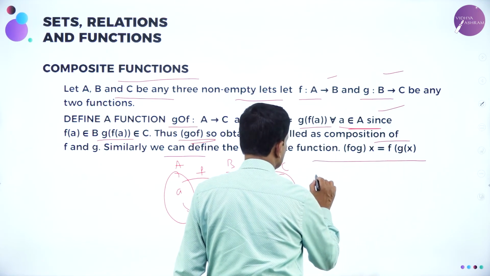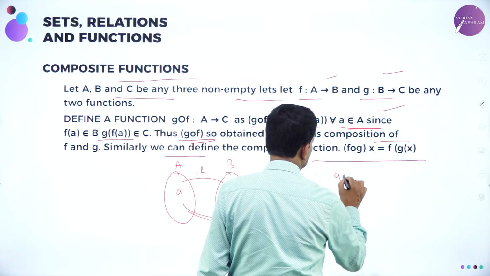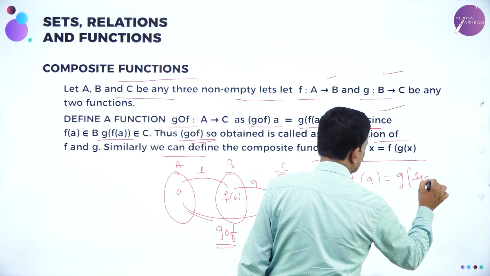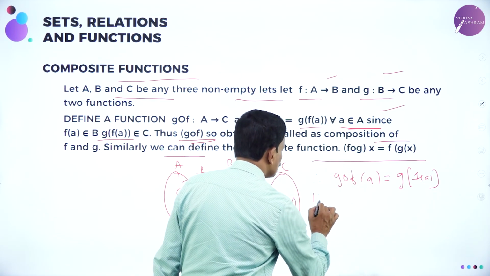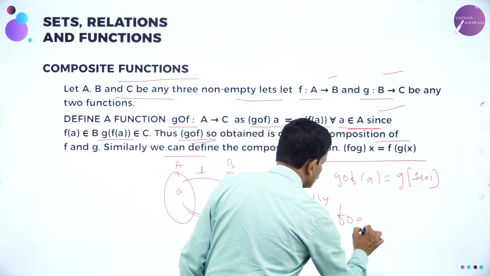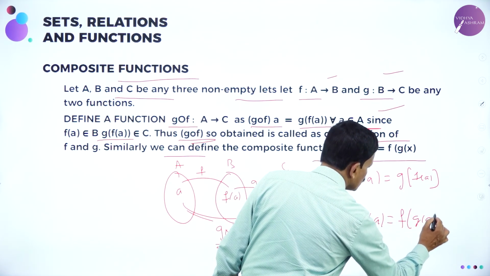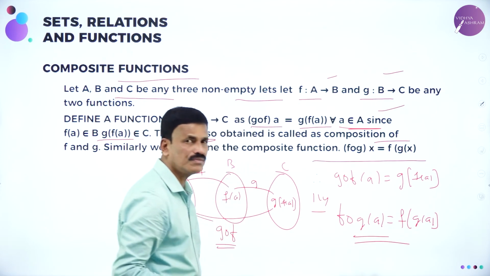Similarly, f naught g of a can also be written as f of g of a. This is called the composition of a function.